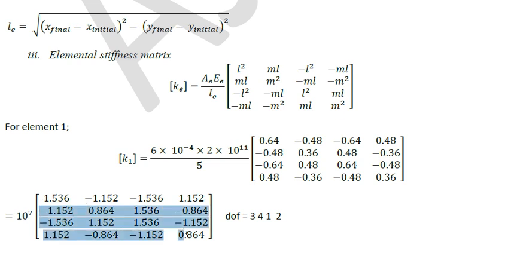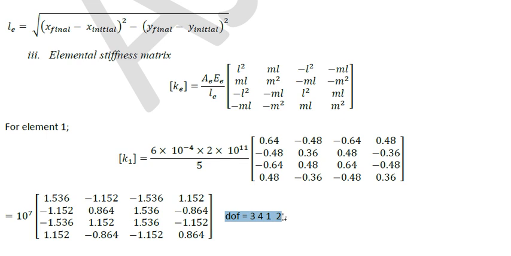Very important point to note here is we have done all the simplification as earlier. Which is the initial node? 2. Which is the final node? 1. So degrees of freedom will be 3, 4 for node 2 and 1, 2 for node 1.